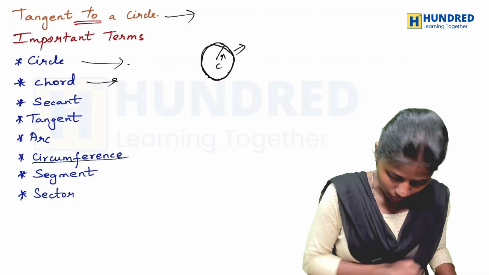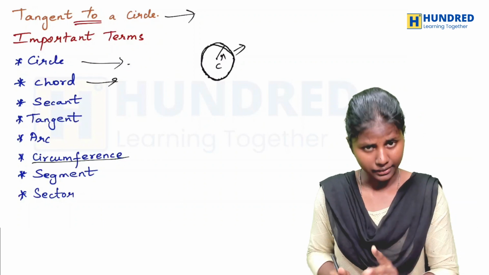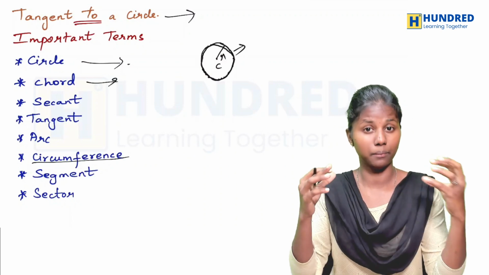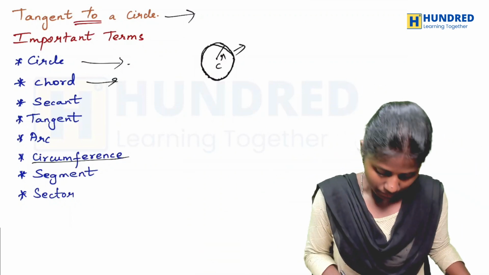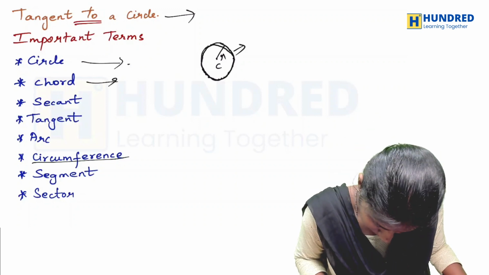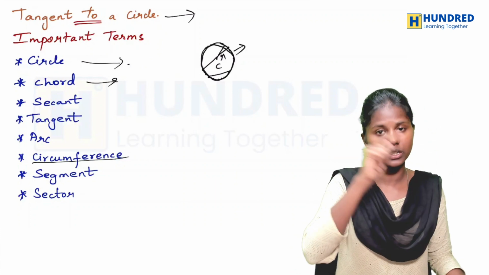Let's move on to the chord. What is a chord? A chord is just a line segment. We call a line a chord when it is joined by any two points on the circle.